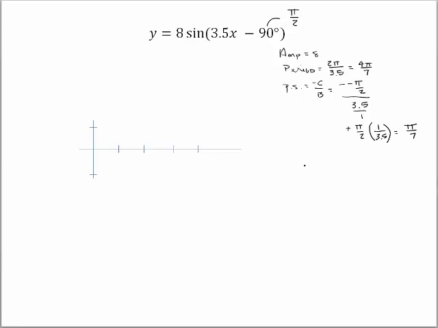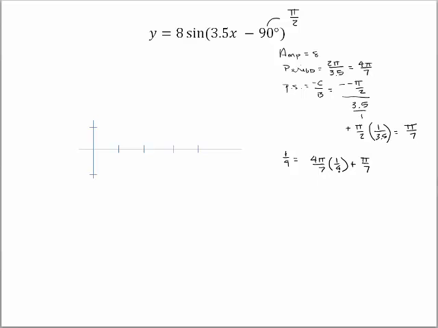Now let's see, we might as well do the quarter point. Let's see how tied up we get here. That's the period plus the phase shift. So our period is 4 pi over 7 times 1/4 plus the phase shift, pi over 7.